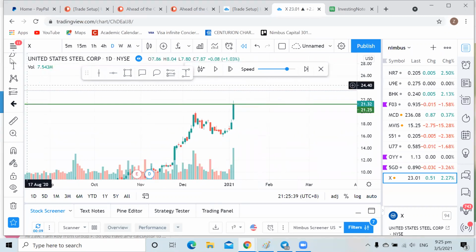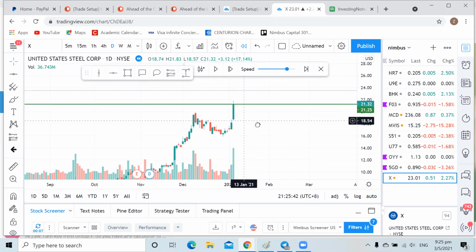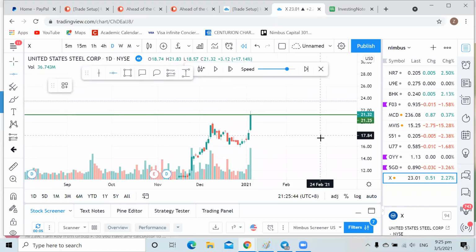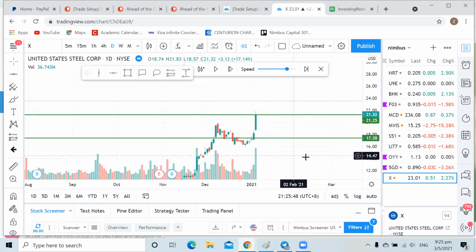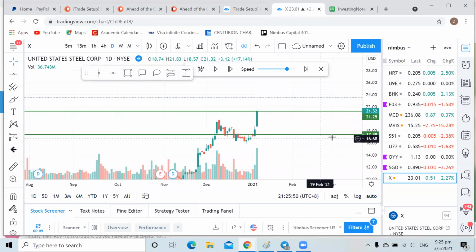So eventually, when price comes back down here and hits your second entry level, you go in with the second 1% risk. So with both entries combined, you are still taking the same amount of risk that you would normally take when you have one position. So that's how you deal with having two entry levels.